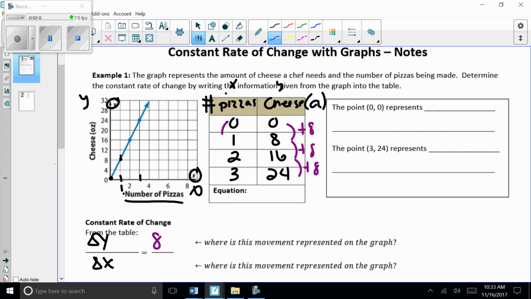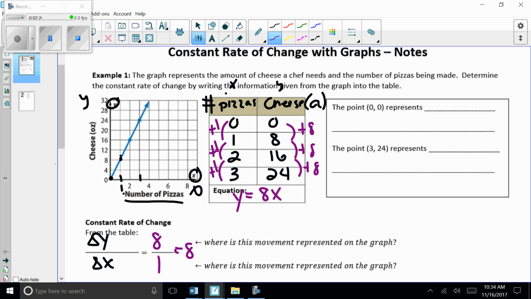My x's, I add 1 each time. So my rate of change is 1, and 8 over 1 is just 8. So my equation then is y equals 8x, because remember, whatever our rate of change is, that automatically connects to the x in our equation, and it always starts with y equals.